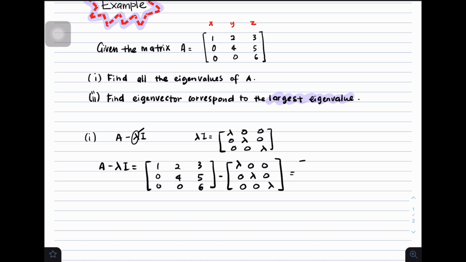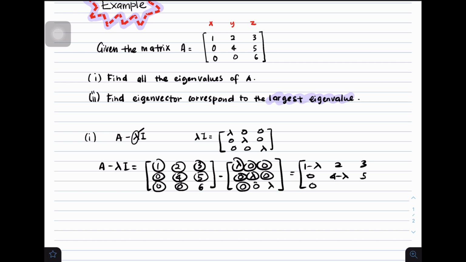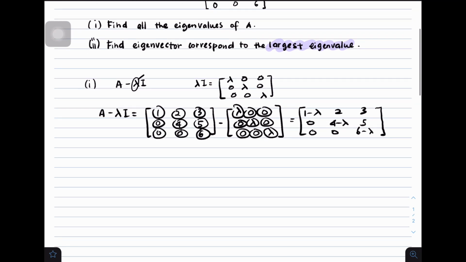So what you will have is 1 minus lambda, 2 minus 0 is 2, 3 minus 0 is 3, 0 minus 0 is 0, 4 minus lambda, 5 minus 0 is 5, 0 minus 0 is 0, 0 minus 0 is 0, 6 minus lambda. So this is the matrix A minus lambda I.